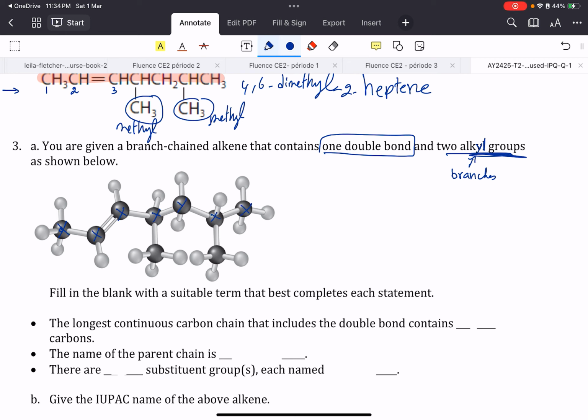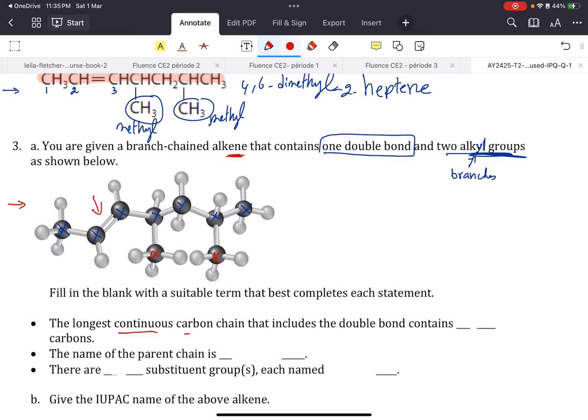I am putting an X on the carbons of the main chain. And here is the branch, and here's the second branch. Now this is an alkene, so I must find in this main chain a double bond. And here's the location of the double bond. So now, the closer side to the double bond is the left.